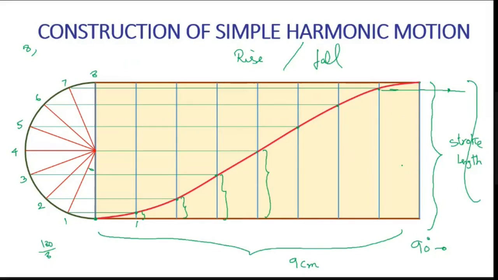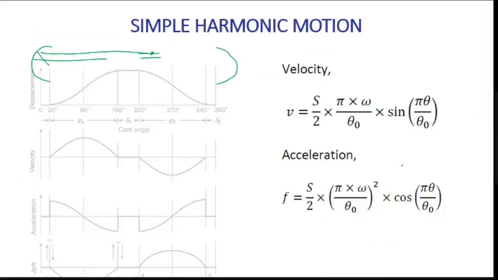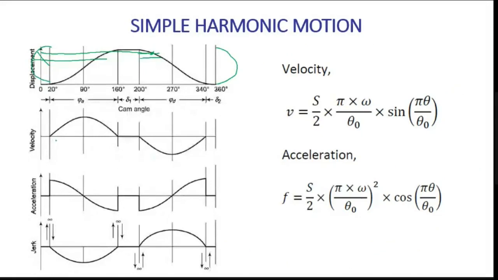Okay, so that is important. You can see that your velocity is a parabolic curve, and your acceleration when it attains maximum velocity is 0. And these are the formulas to identify what is your velocity and acceleration.